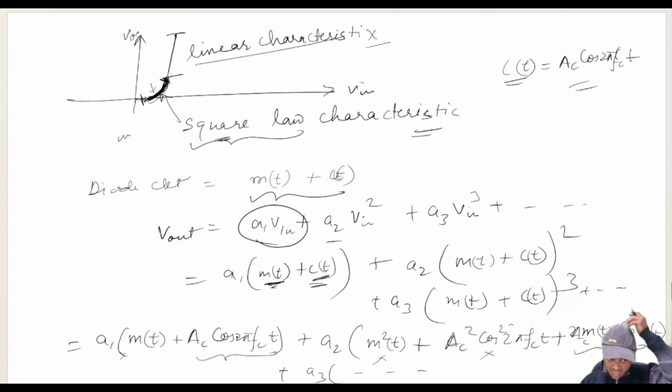Then we will get the AM output by using the band pass filter. The center frequency will be f_c, so this term will be cancelled out, this will also be cancelled out, and this will be cancelled out because it is at 2 f_c, basically 1 plus cos 4 pi f_c t. It will remain this one and this one.